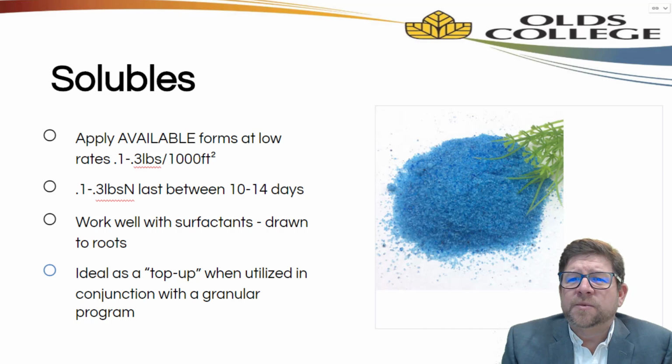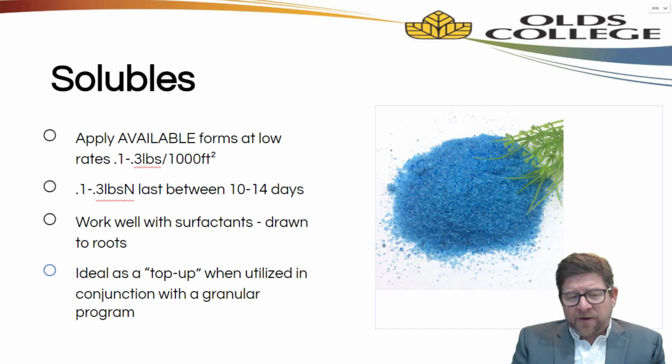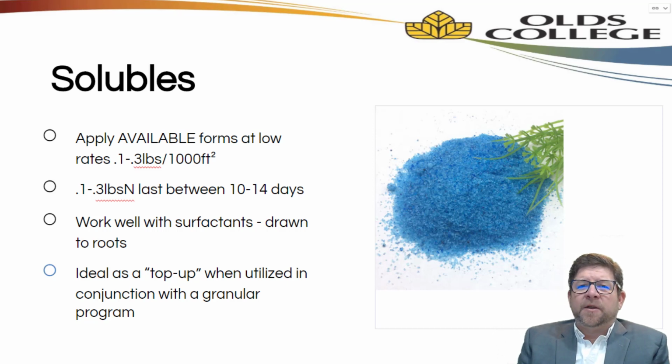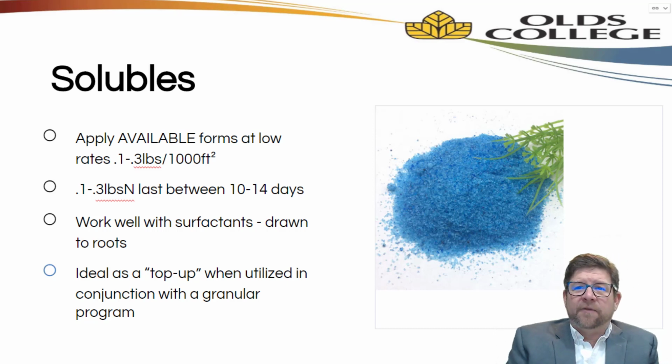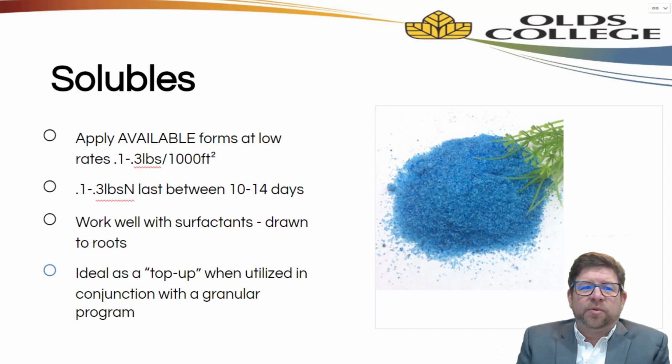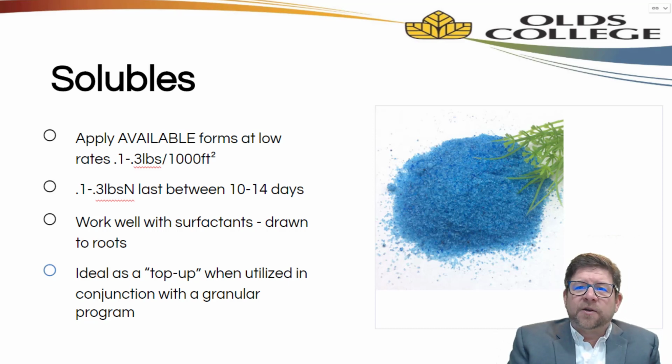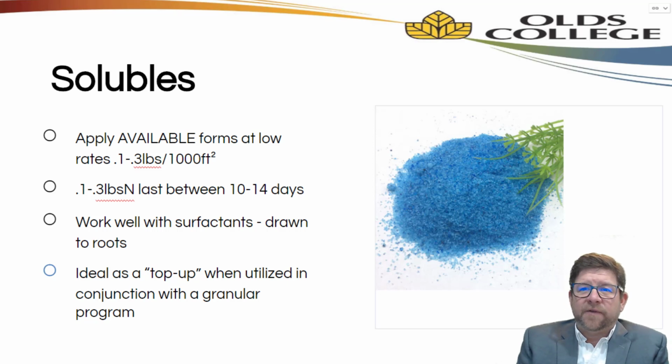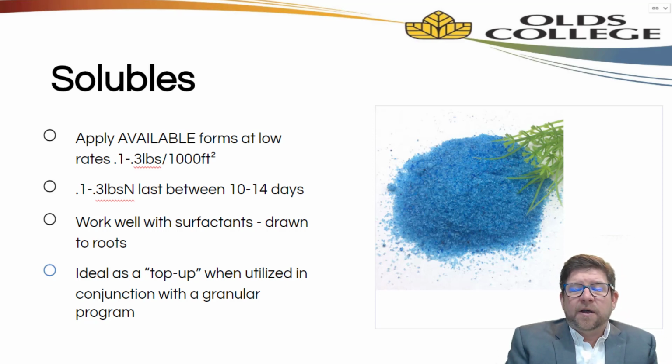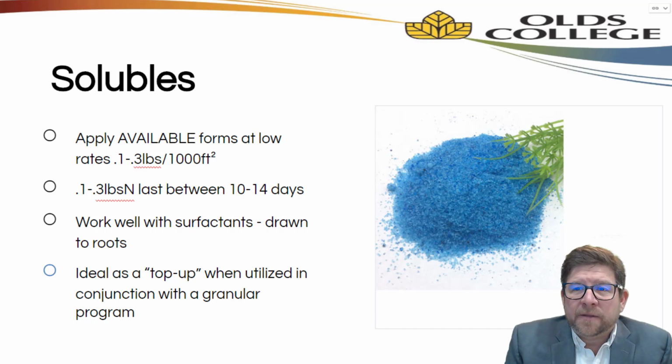Typically, clubs will use this as a top-up on top of their regular fertility program. That is to say, if you have a granular regime where maybe you're applying a 3-1-3 ratio, but you've seen, like we had this last summer, a very busy season, lots more play, lots more activity, and you find your turf grass is a little more stressed despite a program that would otherwise have worked very well, you can put down very low rates of solubles with your sprayer, get very even coverage, and top up the difference.